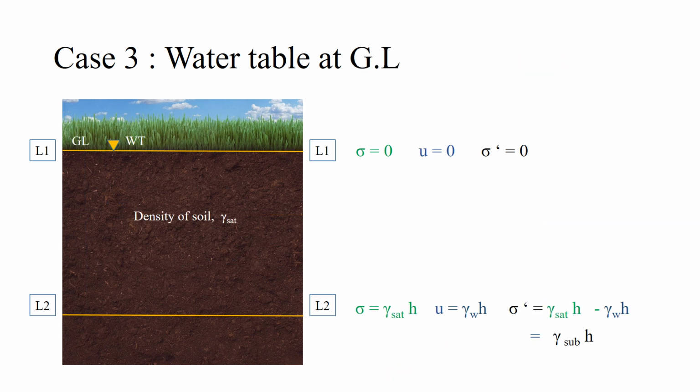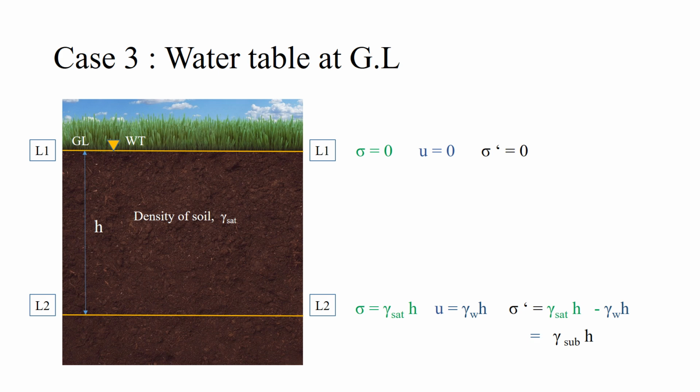Case 3. Water table at ground level. The depth L2 is h from the ground level or the water table. Now considering level L1, again total stress, the pore water pressure and the effective stress is 0.